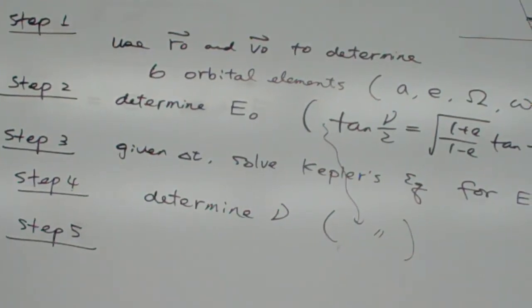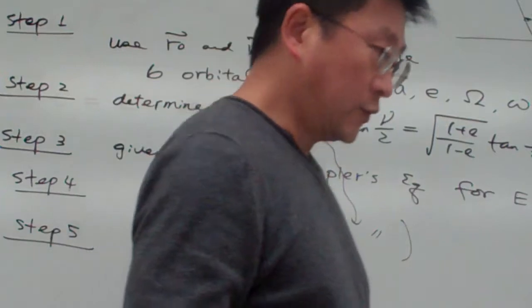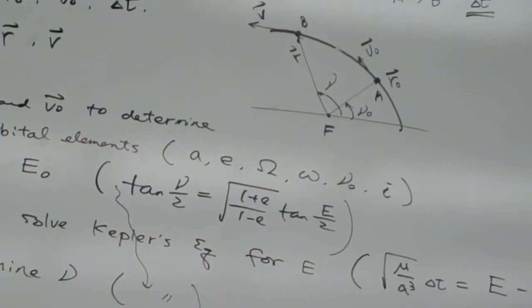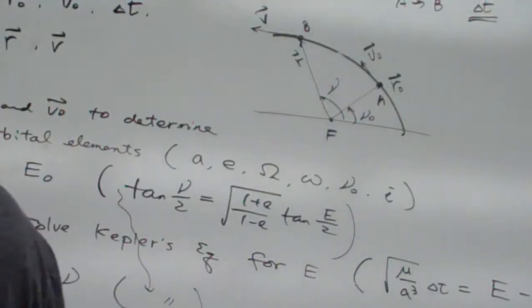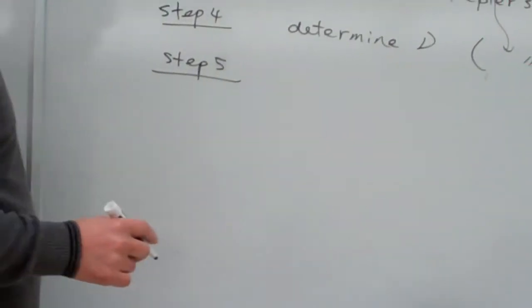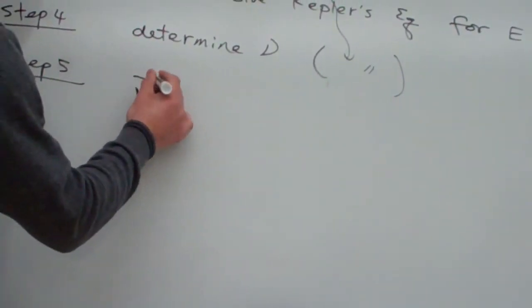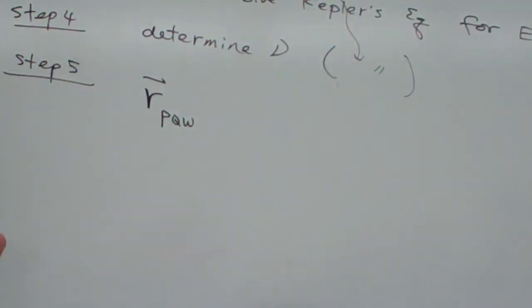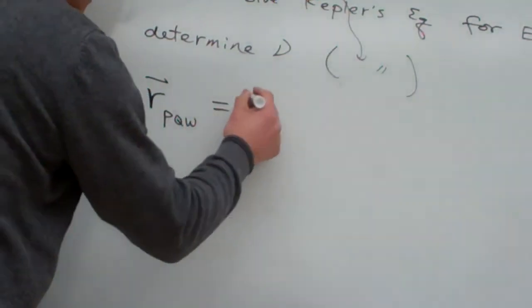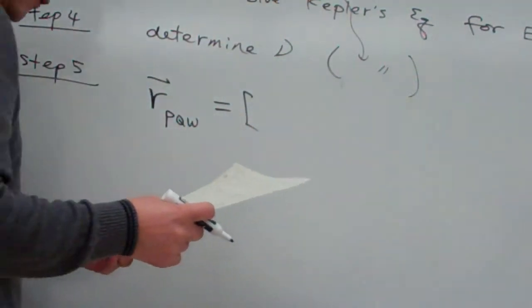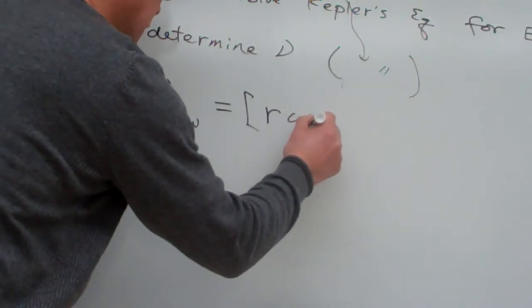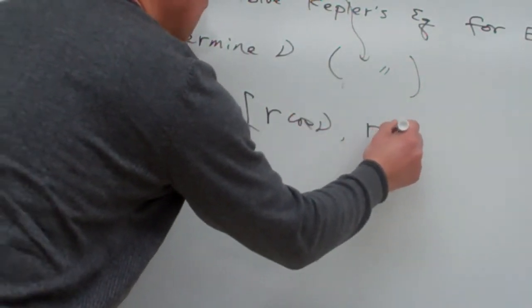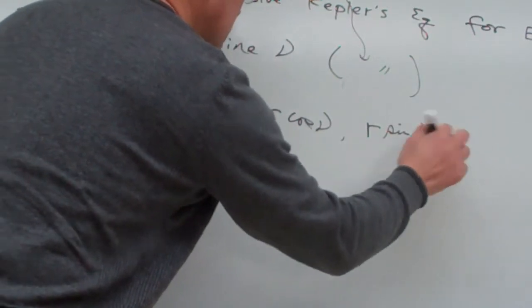And so how to determine that one? If you remember, again, that is in the content of our test. If you remember our equation, we can describe the position in the PQW perifocal system, and that one can be described by this: R times cosine mu, R times sine mu, and 0.